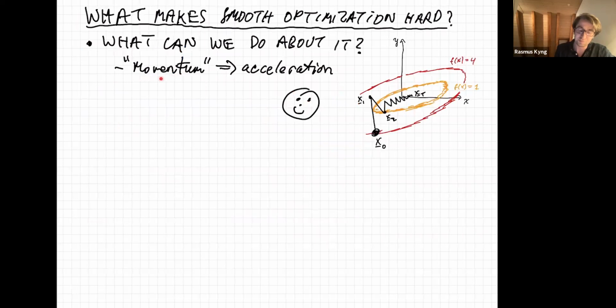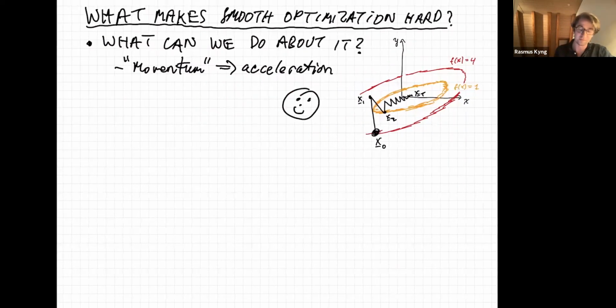You can introduce momentum, which then leads to what we call acceleration, which is just a way of saying the algorithm is converging faster. And the idea here is that if there's a direction that I keep moving in across many steps, then I should probably build up some speed in that direction. Like let me add a drift over time if I keep moving that way. And that's this momentum thing, which indeed does make the algorithms go faster.